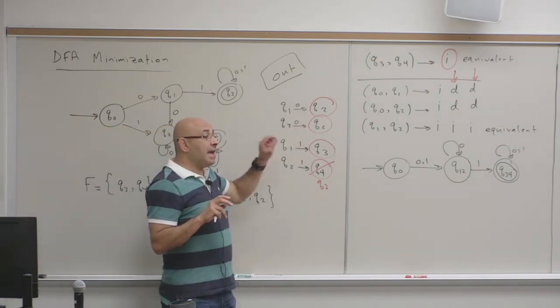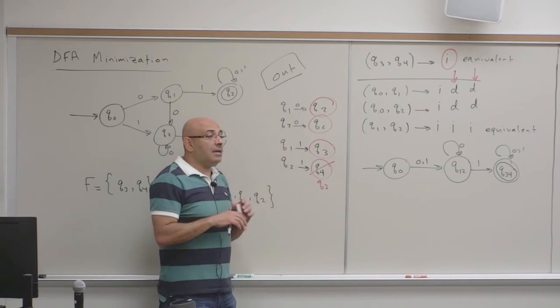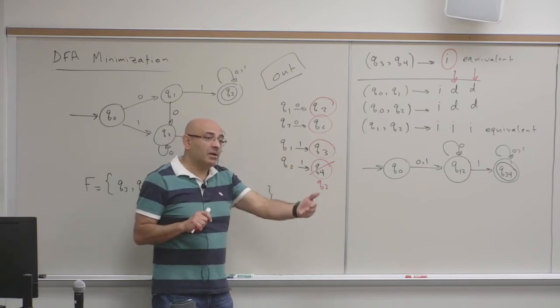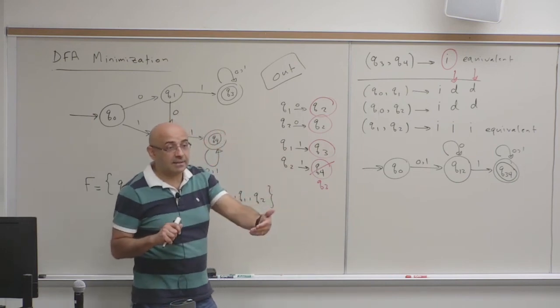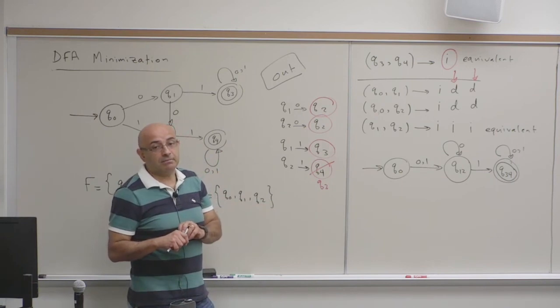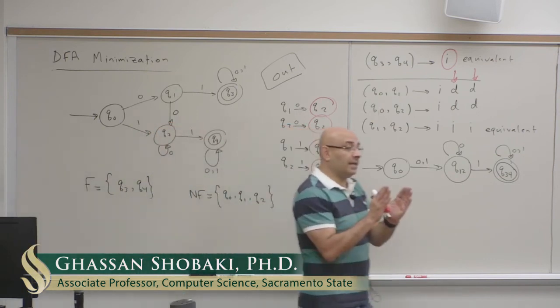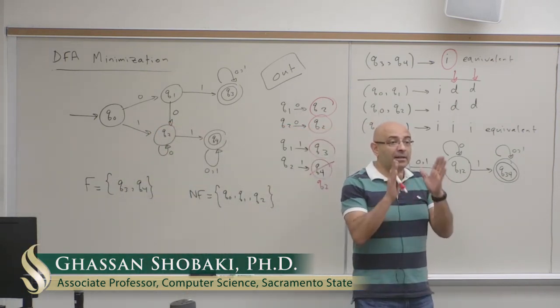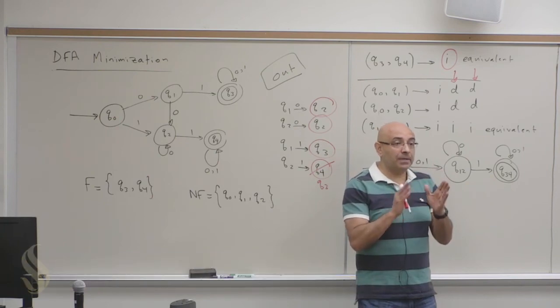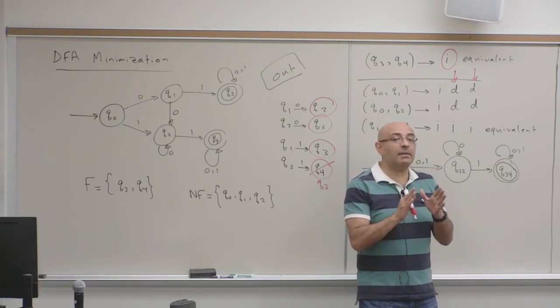And if on every symbol they either take you to the same state or to two equivalent states, they are indistinguishable. If on one symbol they take you to two states that are at this point in the algorithm distinguishable, then they are distinguishable.